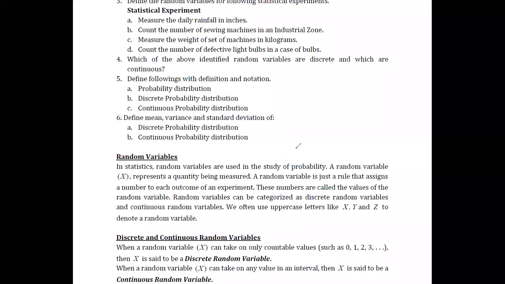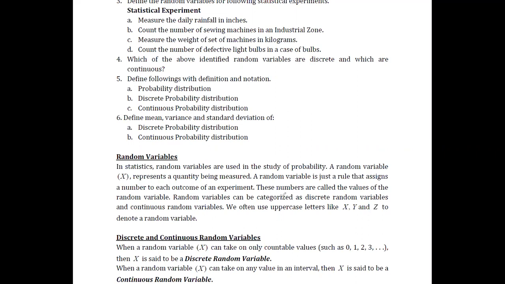If we move to the next part, these numbers are called the values of the random variable. Now we have an idea of what a random variable is and how we assign the values. And then we have to move on to identifying the categories of random variables.